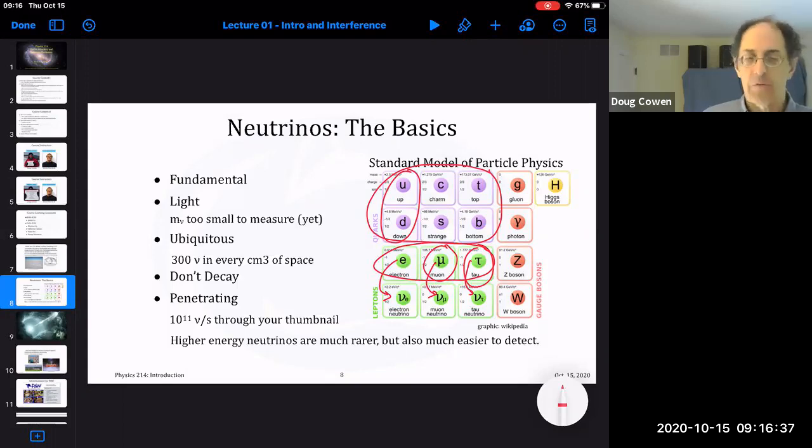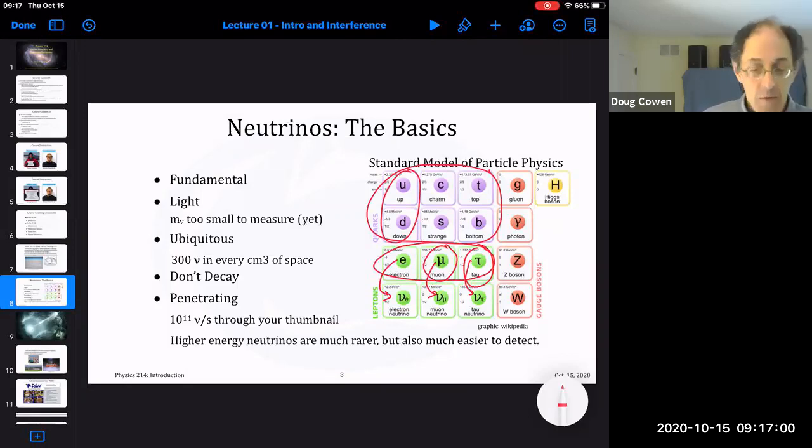That's everywhere in the universe you go, you will find 300 neutrinos. The only exception to that is right near, for example, nuclear reactors or right near the fusion reactor in the core of the sun. There, the neutrino density is much higher. But on average, there are 300 neutrinos in every cubic centimeter of space.